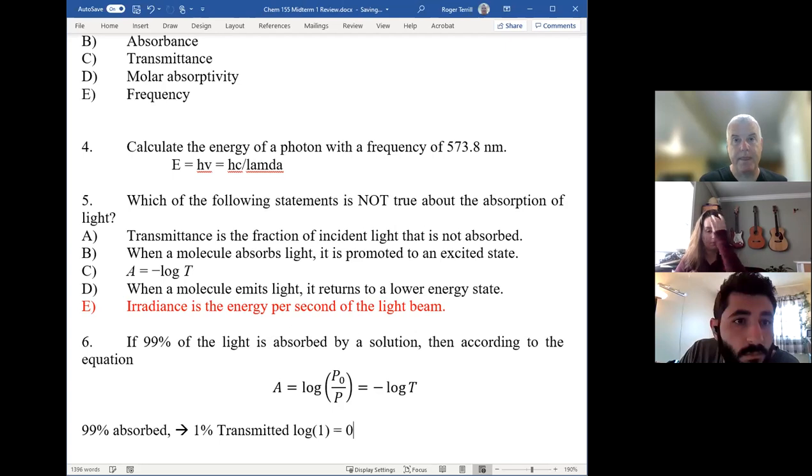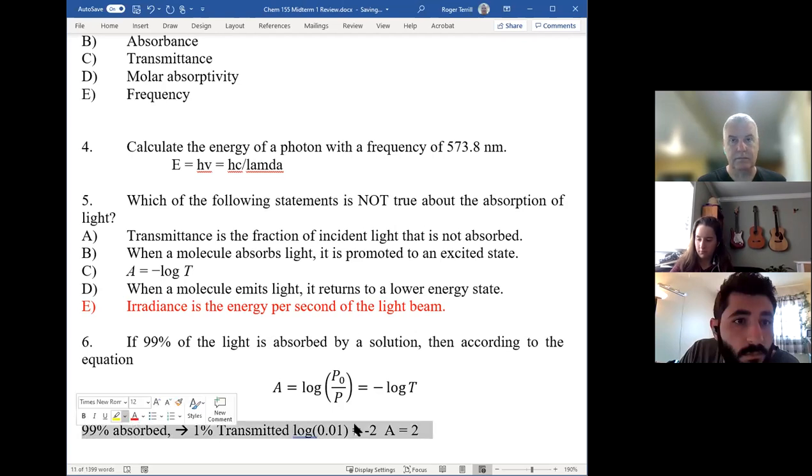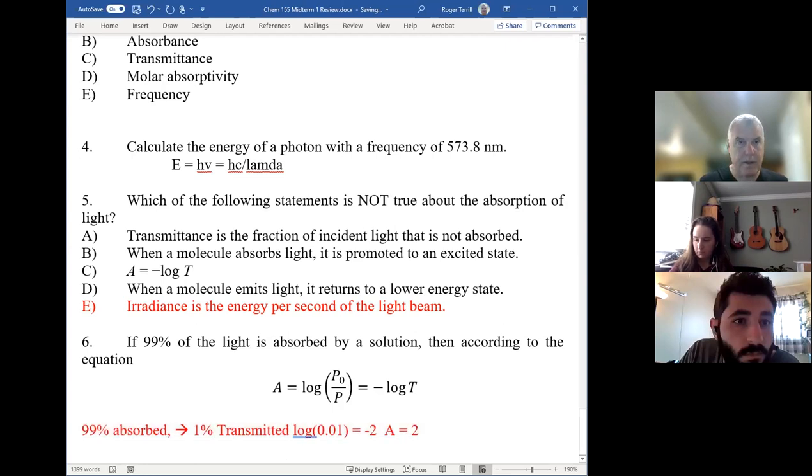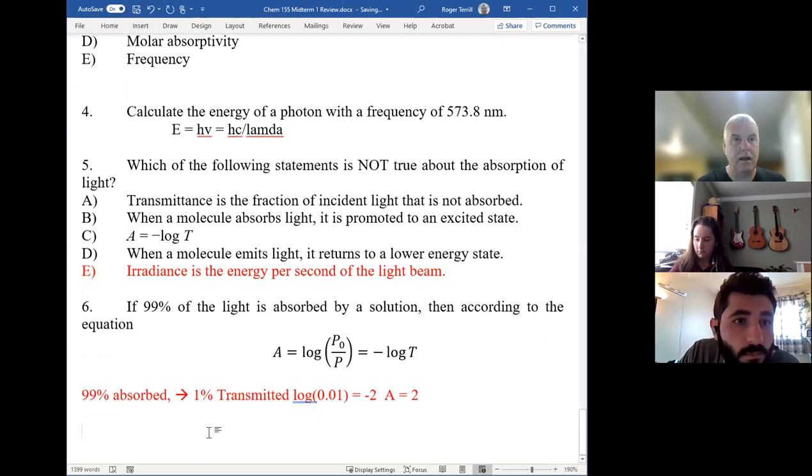And so 0.01 is minus 2. Therefore, A is equal to 2. Okay. Alrighty.